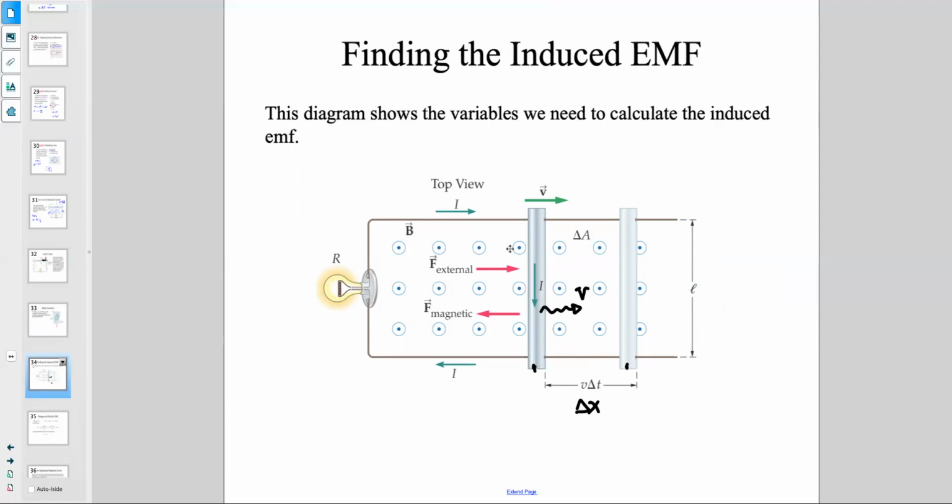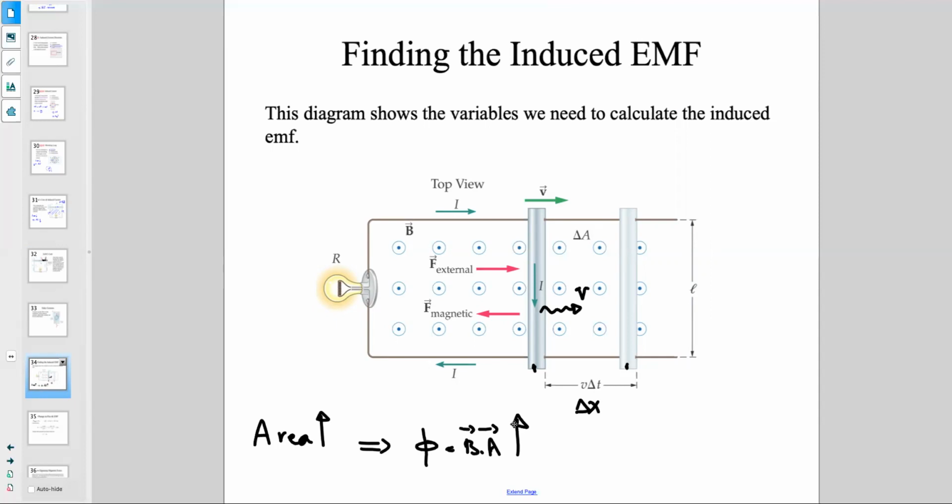So this will cause the area to change. The area is increasing. This means that the flux, which was B dot A, is increasing, okay? And if flux is increasing, you have to have your magnetic field in a direction to oppose this increasing flux.